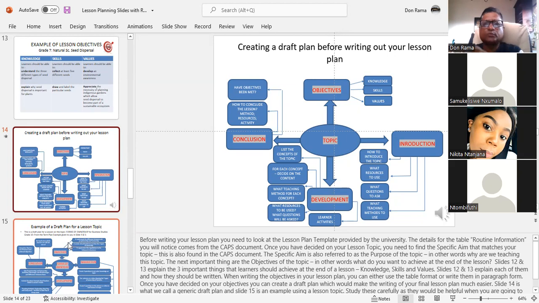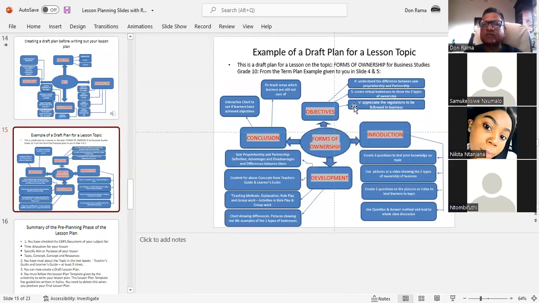Lesson planning. So this is a spider diagram. This is a template, right, that you can use to write your draft lesson plan. I've just put headings here, but in the next one, you will see I've put some details. So here in the middle, we've got our topic, then objectives under knowledge, skills, and value, K, S, and V. Objectives are always written like that, right?